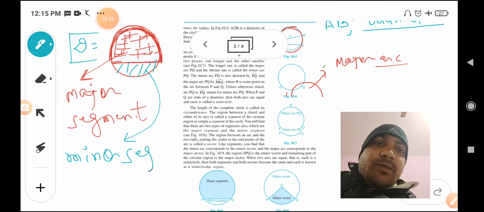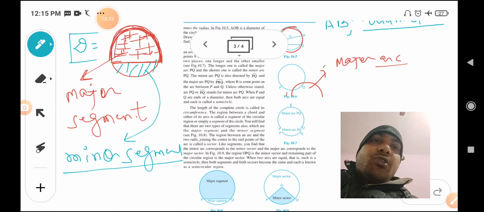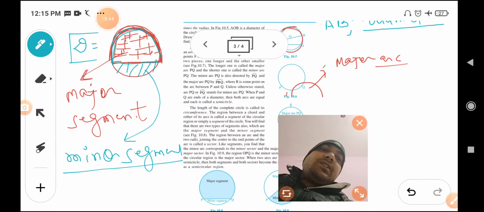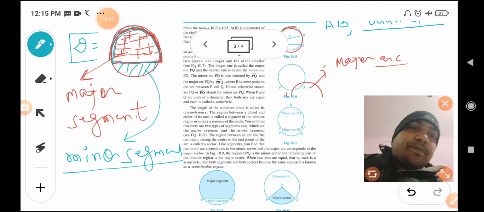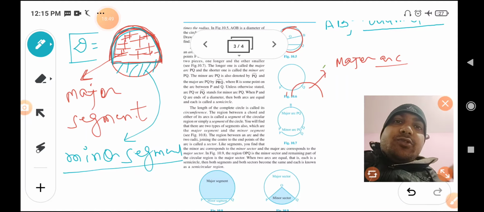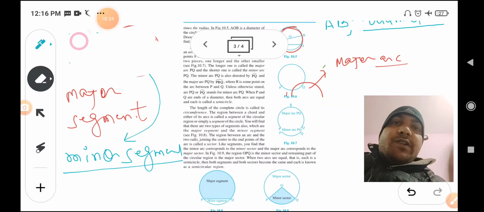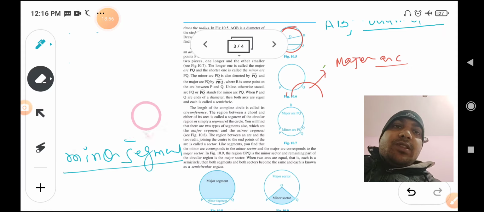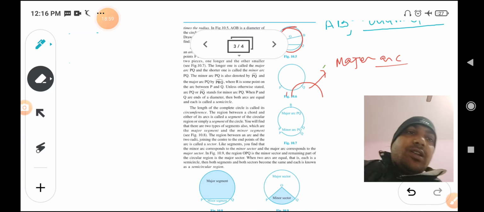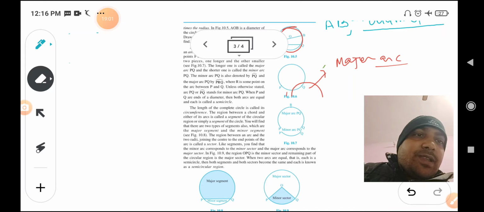So a chord divides a circle into two regions: one is a major segment and the other is a minor segment. Is it clear to everyone? Okay.